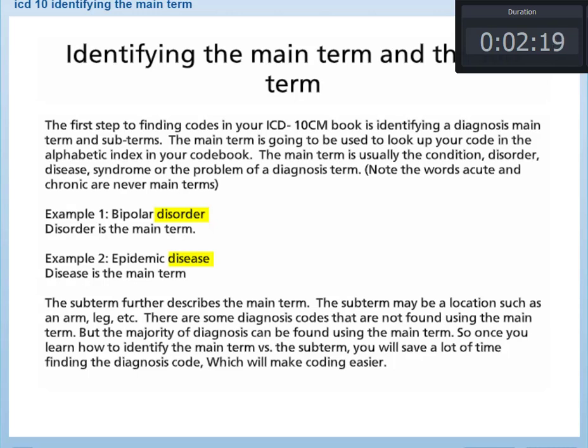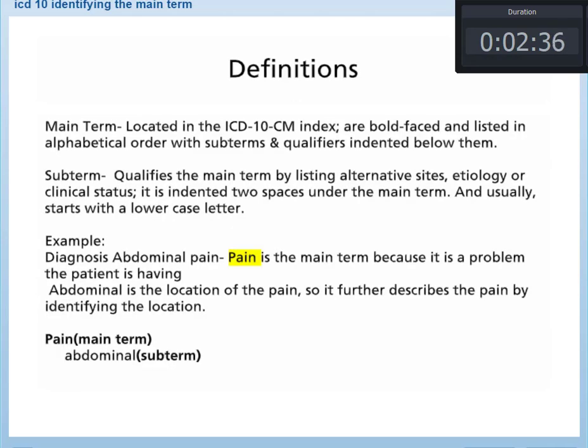So now let me explain what subterms are. Subterms basically further specify and give more information about that main term. And here are the definitions that I have for you. Main terms are located in the ICD-10-CM index.